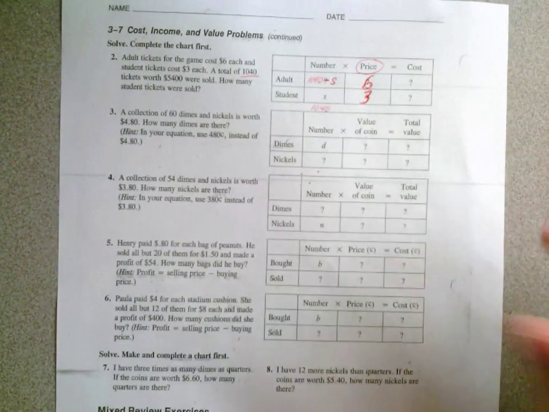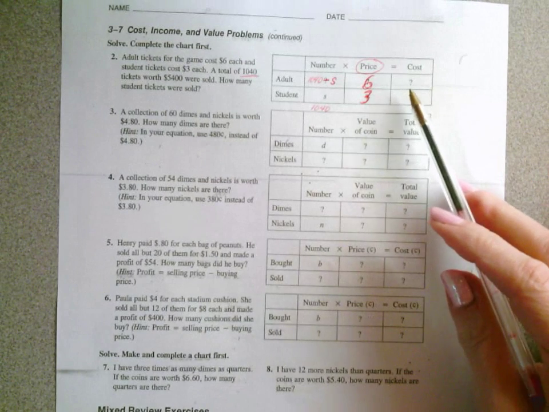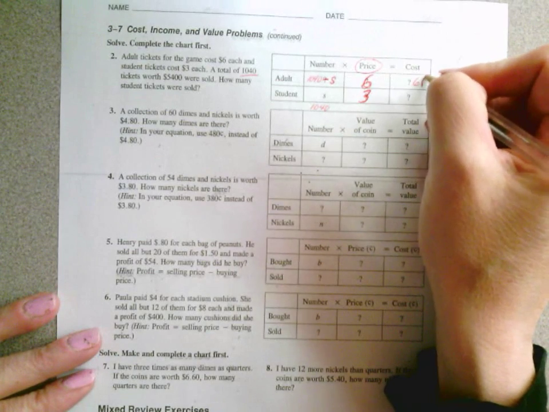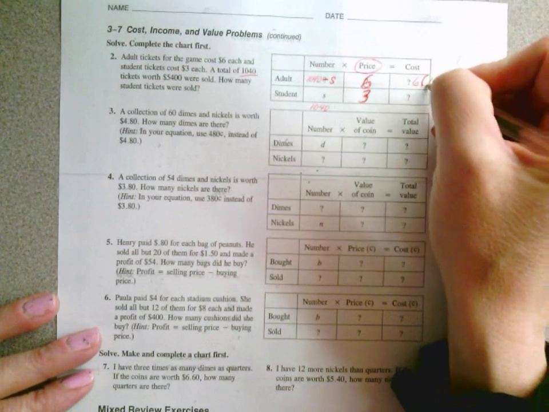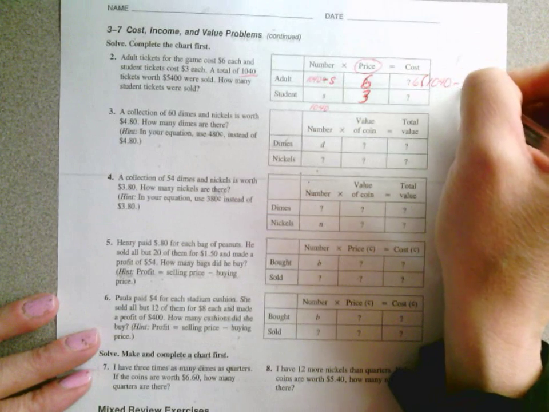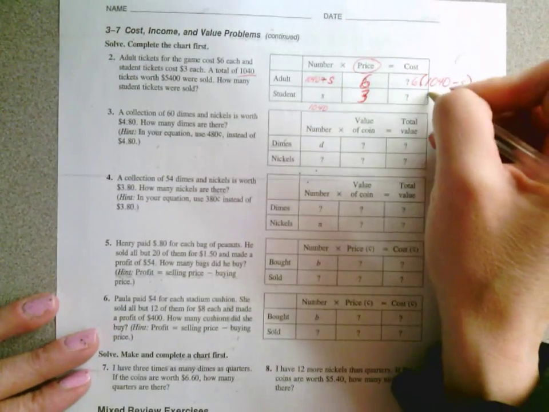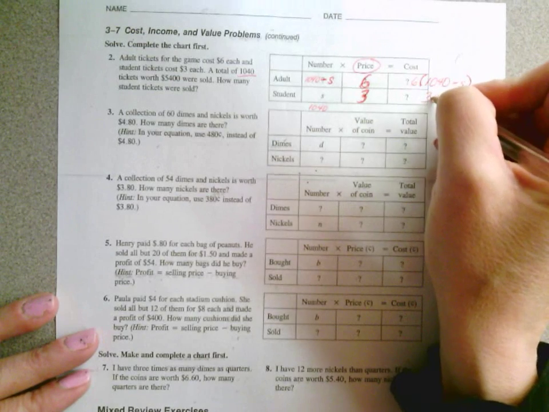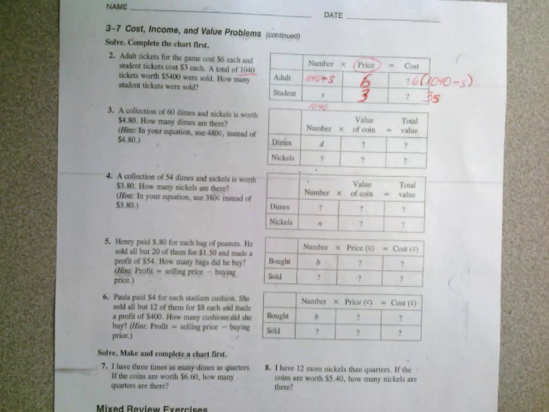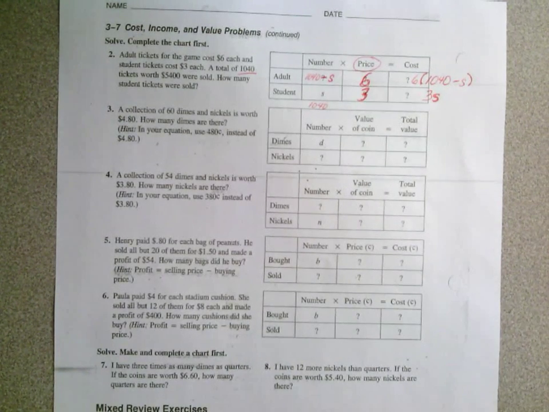The product of how many and the price will give us a cost. So in this slot we have 6 times 1040 minus S. And in this slot we have 3S, correct? I know I'm going to run out of room here. It's very jumbled tight together.